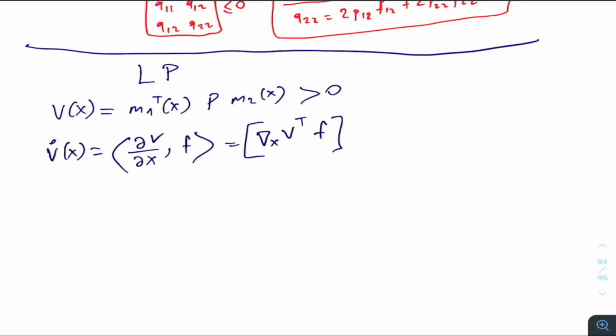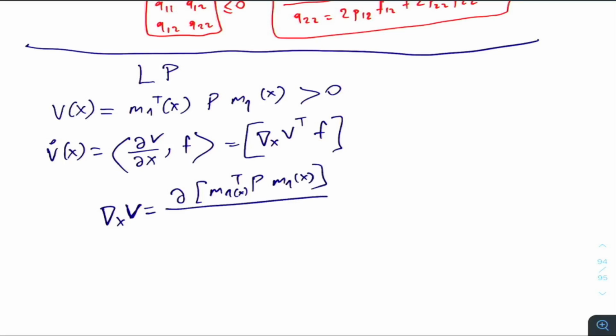Okay, so what is this? This is, for example, M1 transpose E. Why did I write this? Okay, this will be M1 again. And this, you can think of it like x squared.